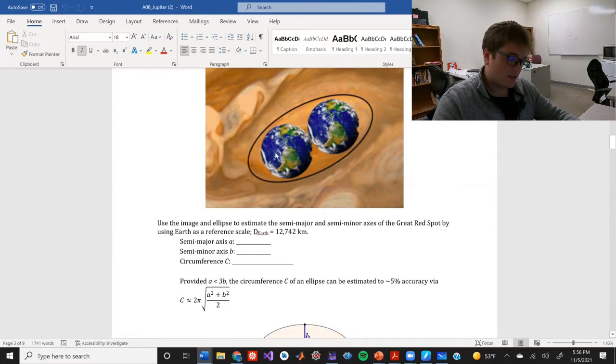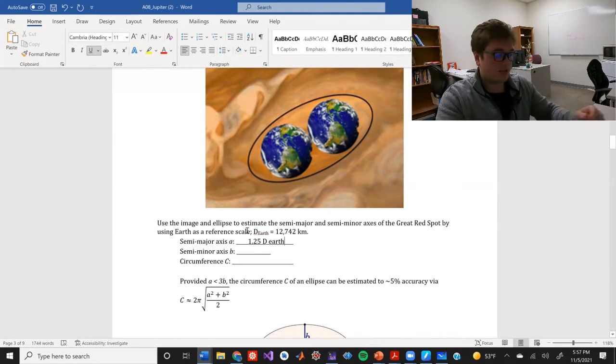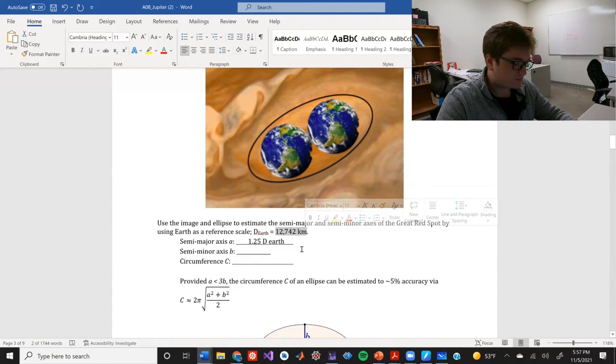Not quite 1.5 Earth diameters, more than one Earth diameter. So we're going to make a good estimation, say 1.25 times the diameter of the Earth. And of course you have to put this into a number form because you're given the diameter of the Earth right here. So you need to write this in kilometers.